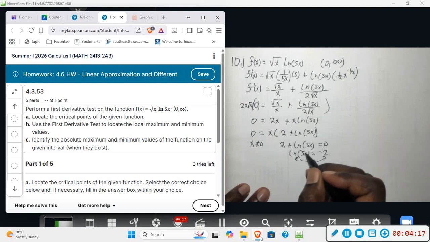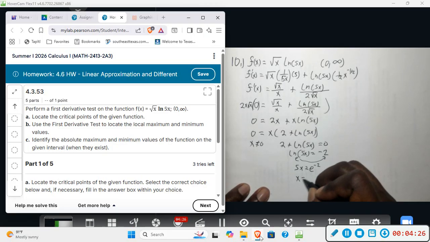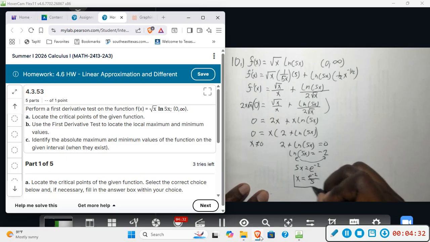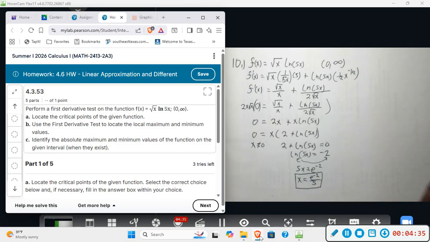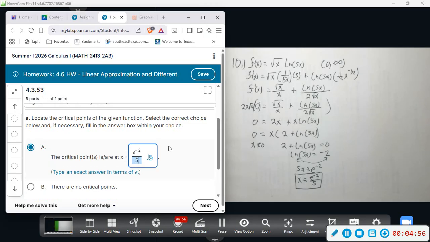So e to the negative second power is equal to this. So we get 5x is equal to e to the negative second power, divided by 5. X equals e to the negative second power over 5. So this will be our critical value, critical point: e to the negative second divided by 5.